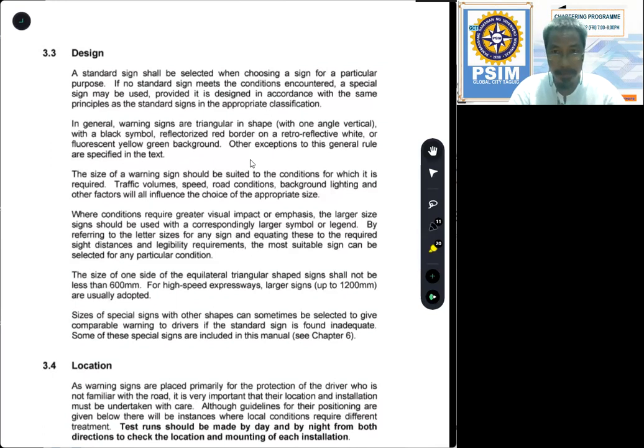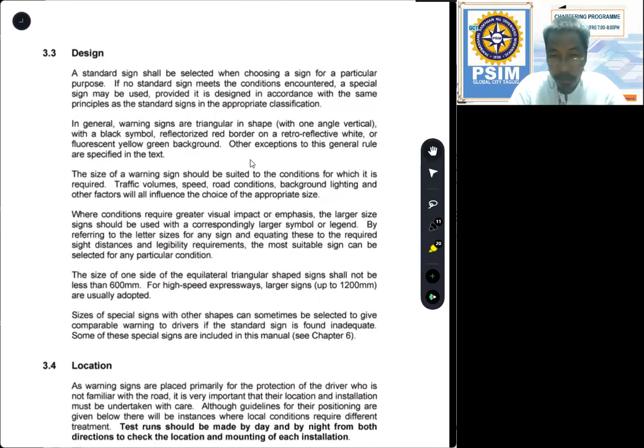Light yellow-green. Other exemptions to this general rule are specified in this policy. The size of warning signs should be suited for the condition for which it is required. Traffic volumes, speed, road condition, background lighting, and other factors will all influence the choice of the appropriate sign.